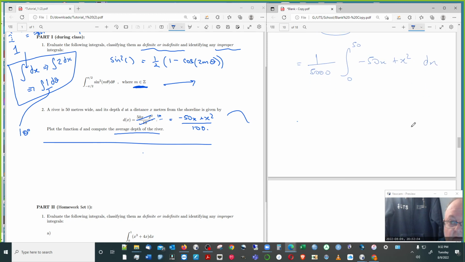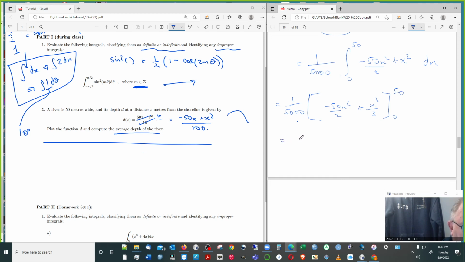Okay, so for up and under we'll get minus 50x will be up and under, so it'll be 1 divided by 1, so it'll be 2 divided by 2, up and under, minus 50x squared on 2, which will become 25, and this one is 3x cubed on 3, and then we're going to be doing that between 0 and 50.